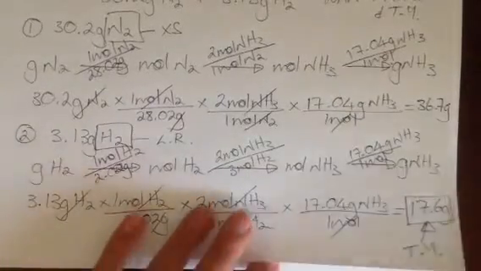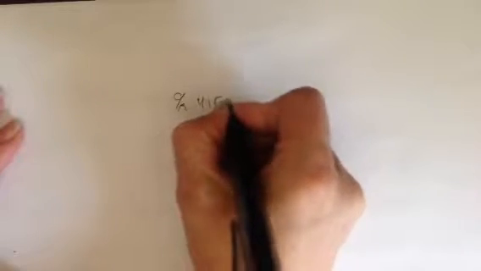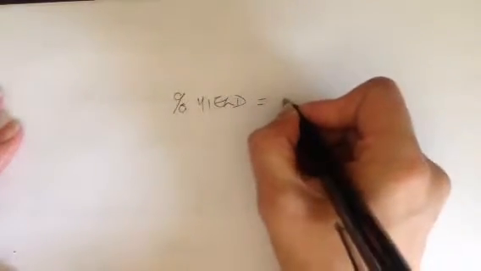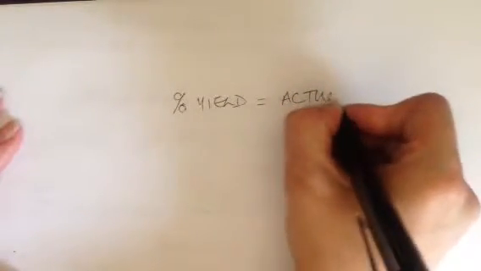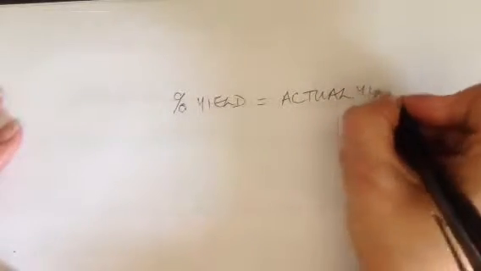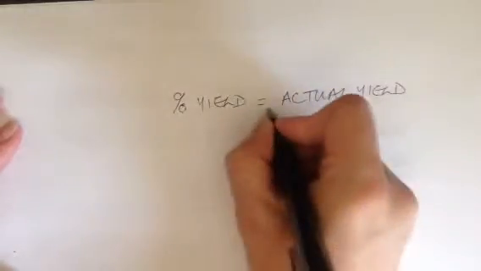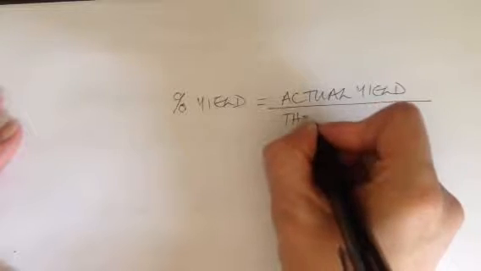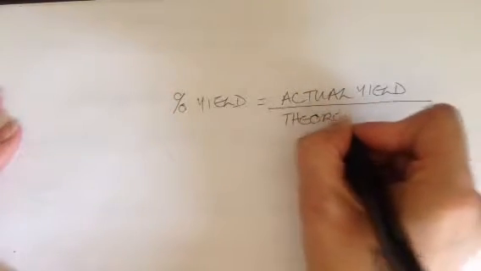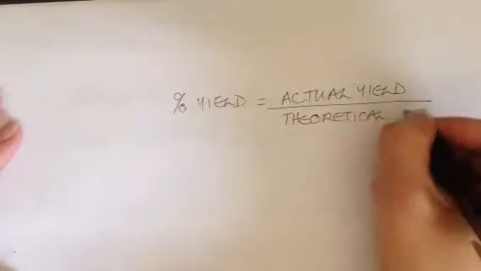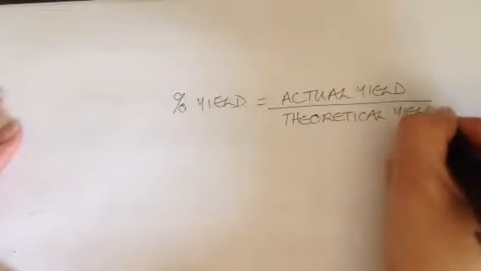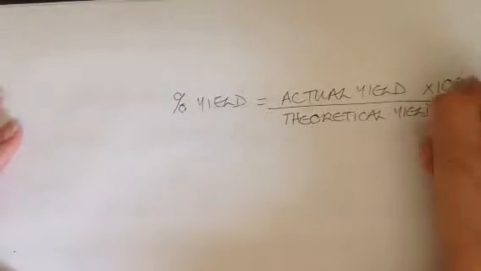Now we do have one more calculation we can do, and that is the percent yield. So percent yield is your actual yield, that's how much you actually make, divided by your theoretical yield, which is how much you calculate you can make, multiplied by 100, right?